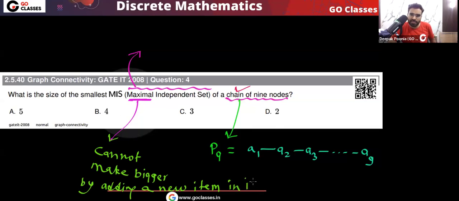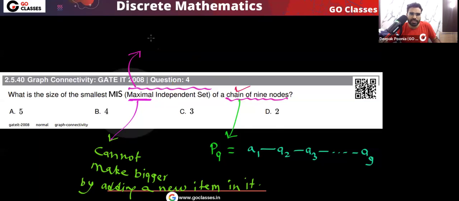Remember, maximal may or may not be largest; maximal may or may not be maximum. Maximal means we cannot make it bigger by adding a new item in it. So a maximal independent set is an independent set in which we cannot add a new item without losing the property of an independent set.